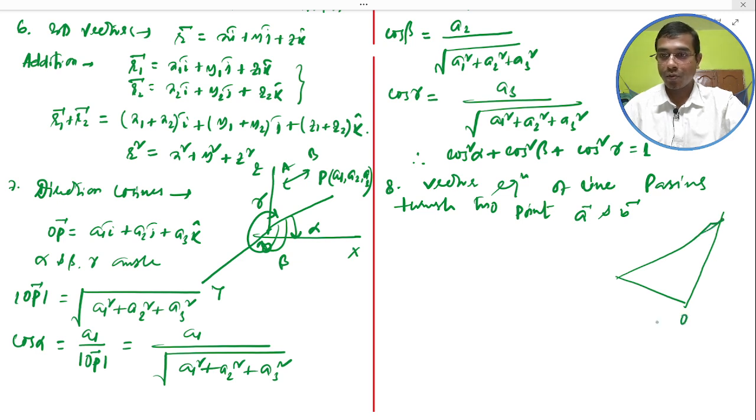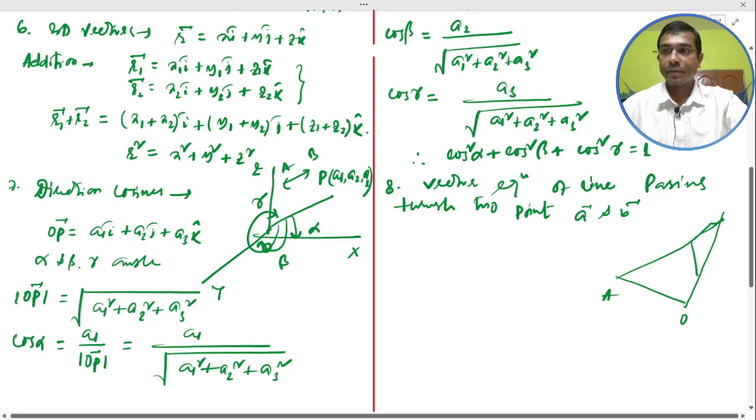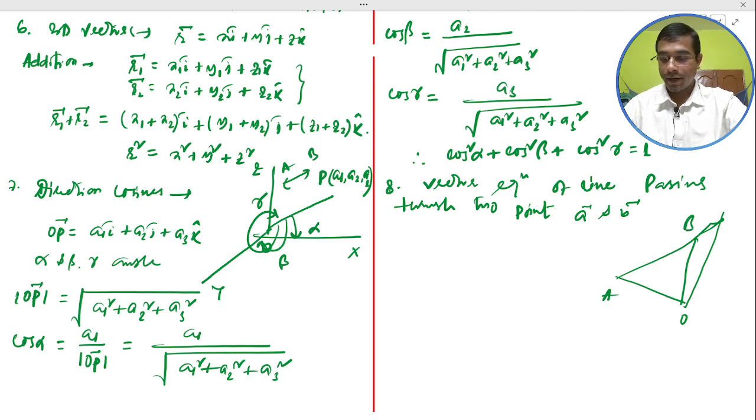This is the origin O, A and B. This is the external point P, this is the A vector, that is B, and here this is R. So the equation will be R vector equal to A vector plus n into B minus A vector.